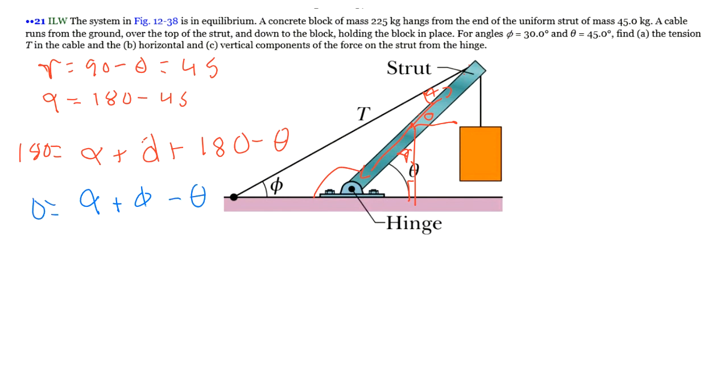And so alpha is going to be equal to theta minus phi, and that's going to be equal to 45 minus 30, and Artin got it exactly right, is equal to 15 degrees.